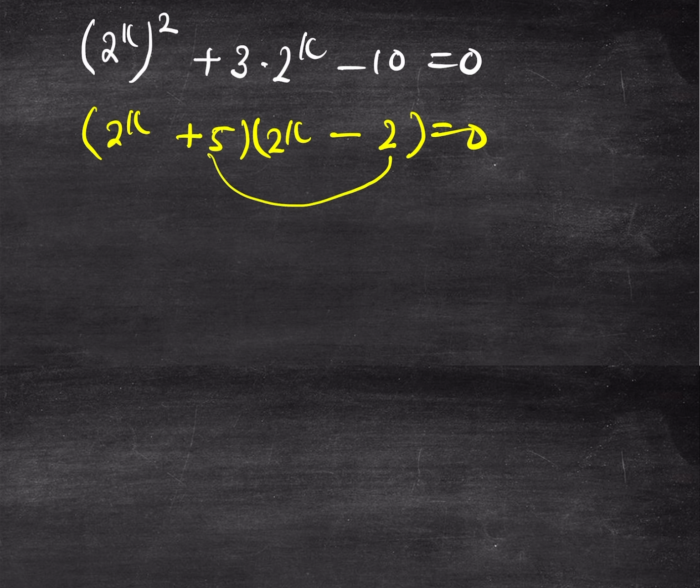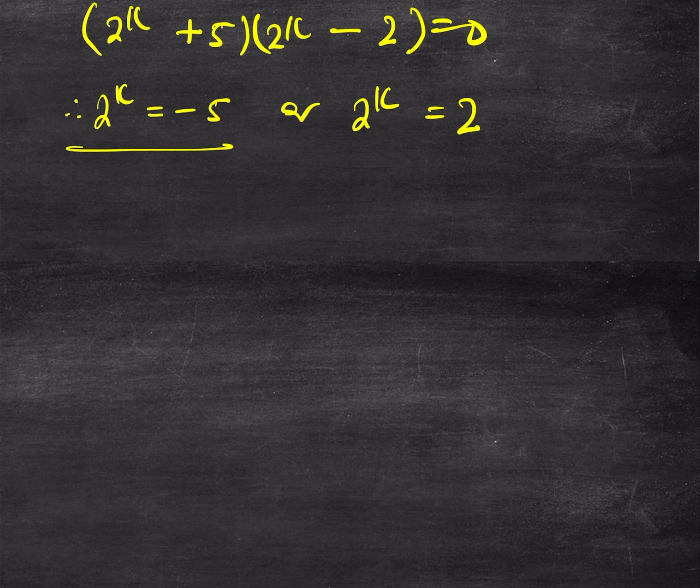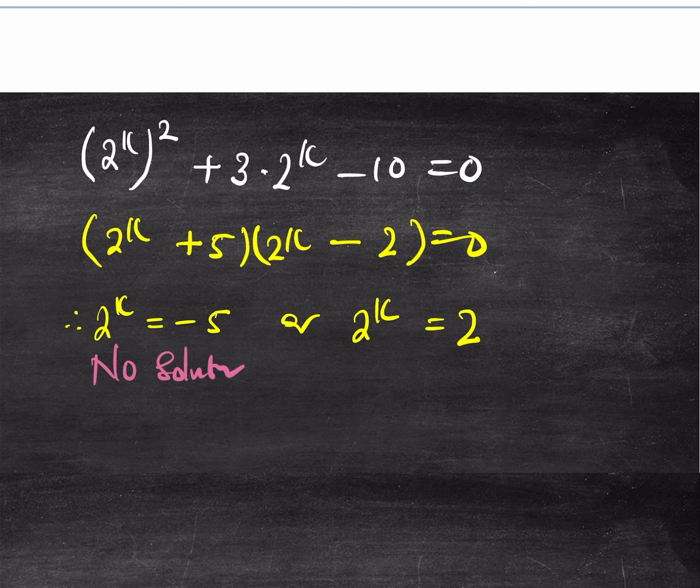Okay, with these two, now you get 2 to the power k is equal to negative 5, or 2 to the k is equal to 2. Think about it. This won't have any solution. So you must say that this one, no solution. So you must work with this one now. How do you deal with that? Remember, what was your k?